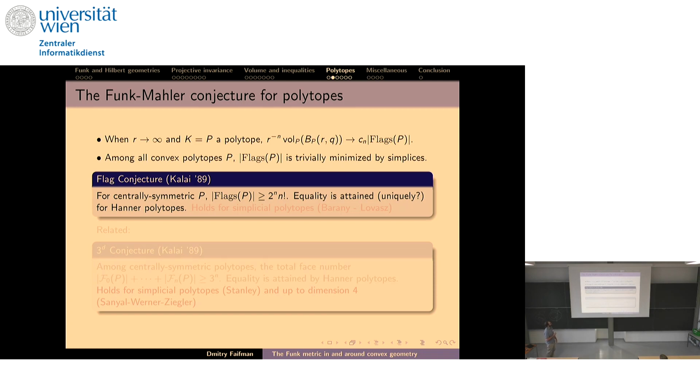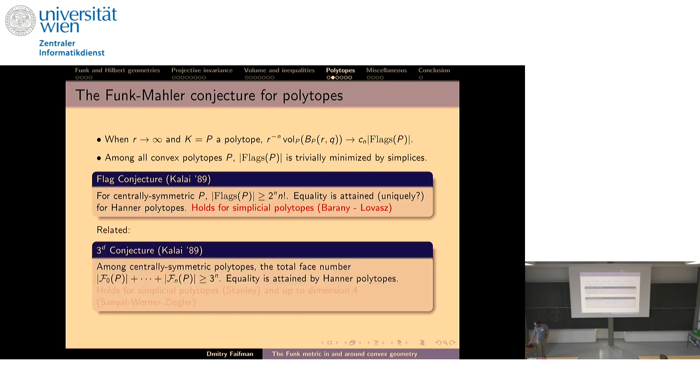That's a conjecture due to Kalai, that the flag number is minimized by the cube, or actually by all Hanner polytopes of the same flag number. That's known, for instance, for simplicial polytopes, but not in general. There's another related conjecture which actually just adds up the number of all faces of all dimensions. That's the more famous conjecture with the same conjectured minimizers, also mostly open, this conjecture.